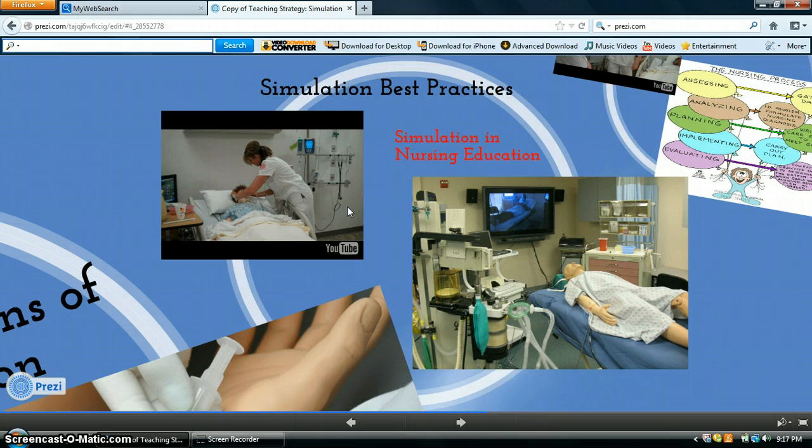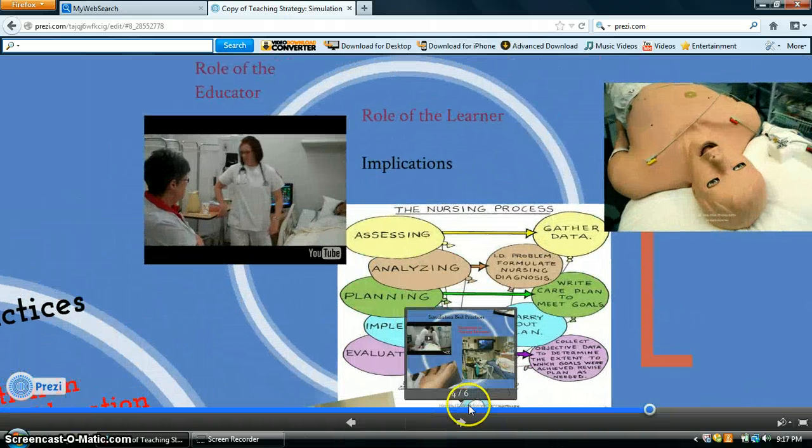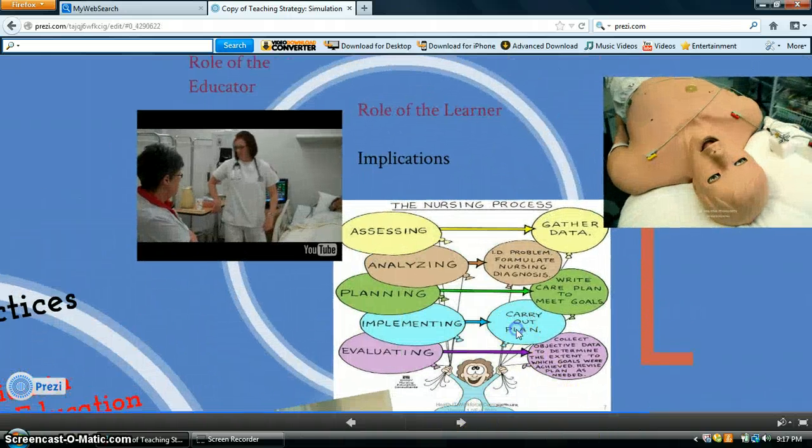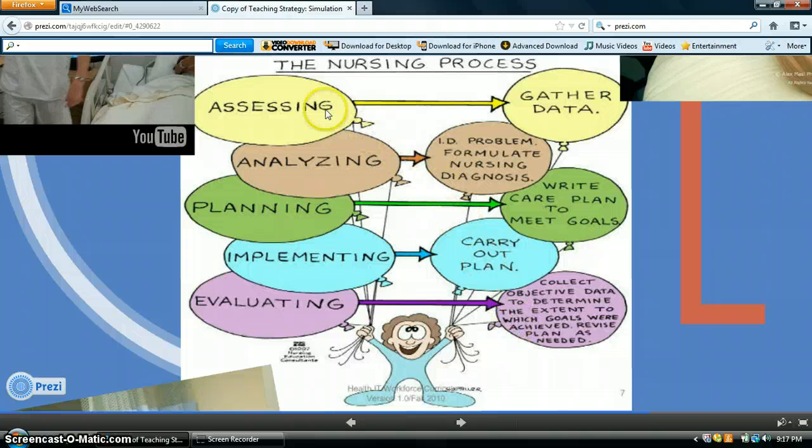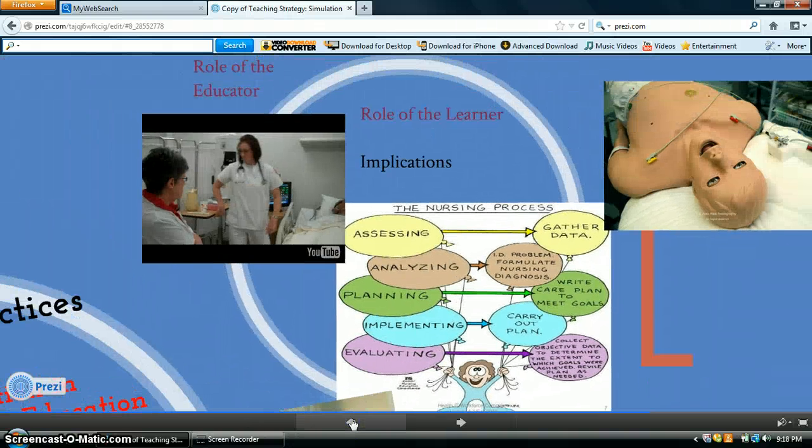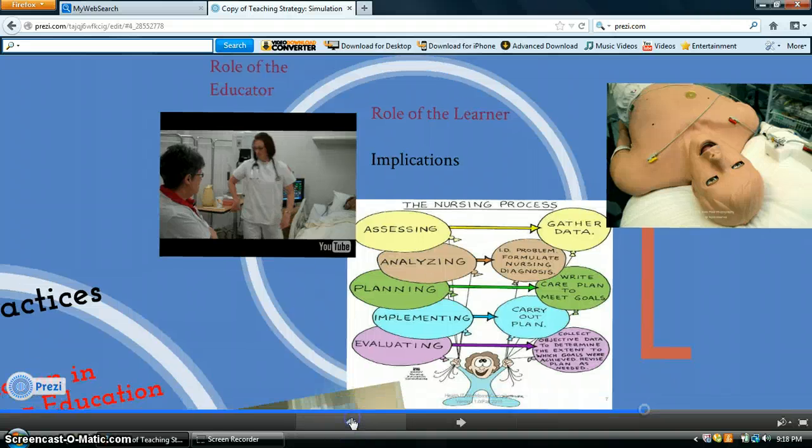And for best practices in simulation, we really want to think about the whole process of simulation, which leads us to the nursing process, where students really assess before they're going into the simulation. They analyze what's going to happen, they plan for that, they implement what they're going to do in the simulation, and last but not least is they evaluate how the simulation went.